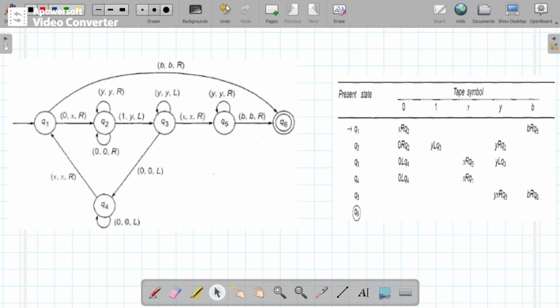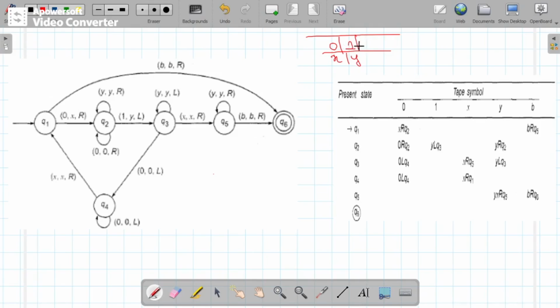Tape is an infinite tape. In the tape, if you remember, zeros and ones are present, as well as 0 will be replaced by x and 1 will be replaced by y. That also you are going to write in the tape. Apart from that, your blank is present.